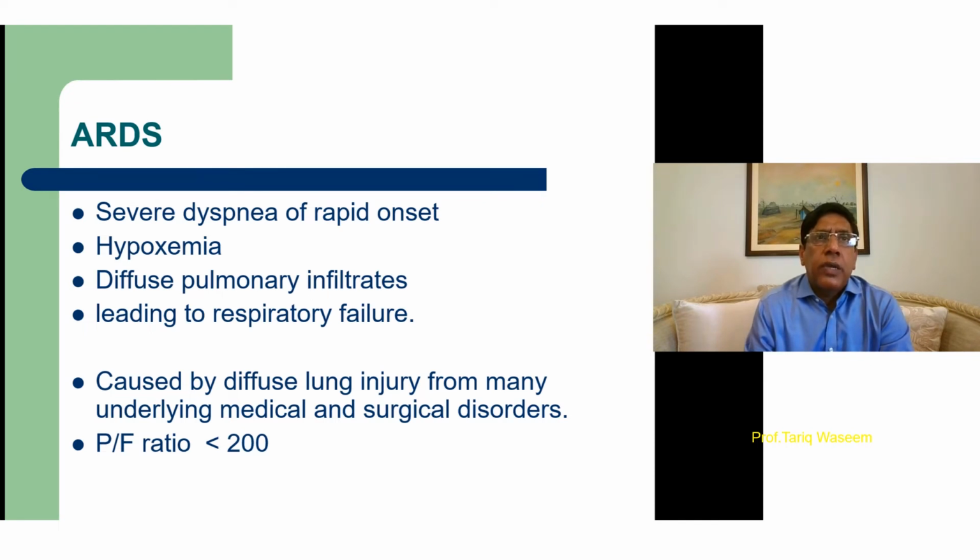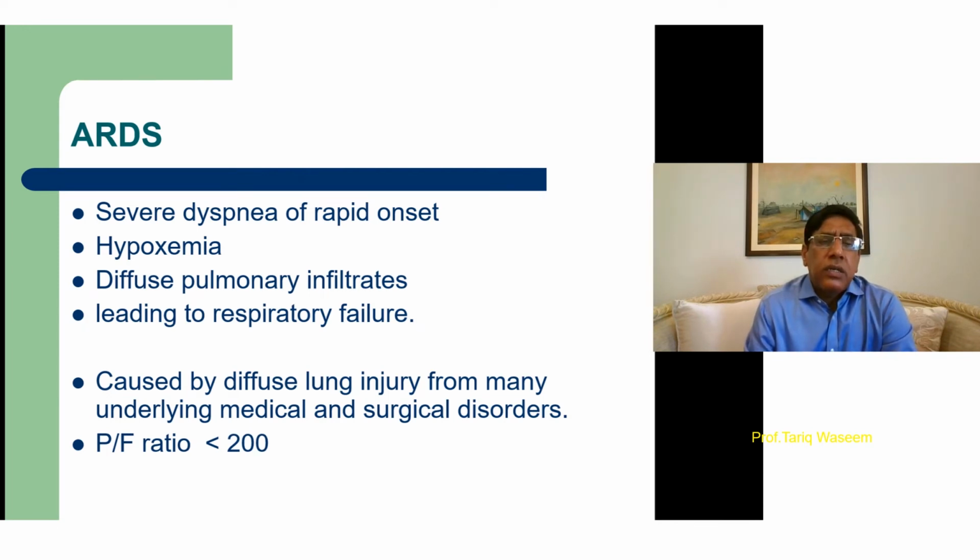Of course, there would be hypoxemia on measuring oxygen saturation by digital oximetry, and on chest X-rays there would be diffuse pulmonary infiltrates. This would lead on to a rapidly developing type 1 respiratory failure, and if not intervened early, this may progress to type 2 respiratory failure as well.